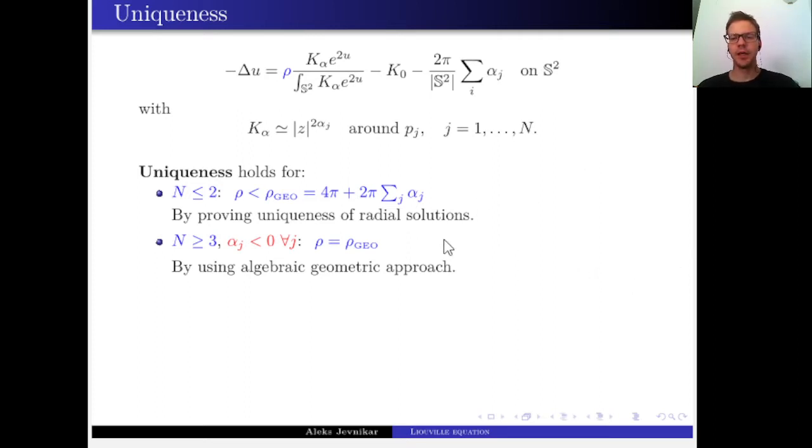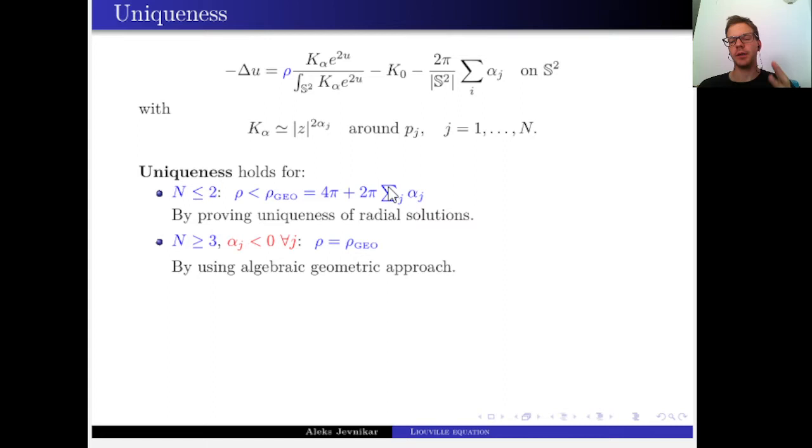The first one is about the case where the parameter rho is strictly smaller than the geometric value, which I recall here. In this case, if you have at most two conical points, then you have uniqueness of solutions for this problem. So the idea here is the following.